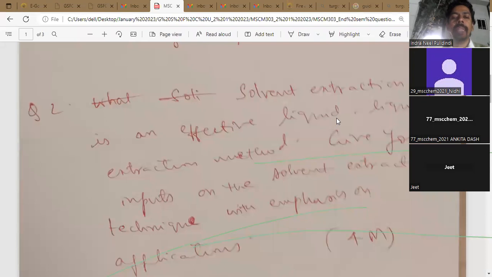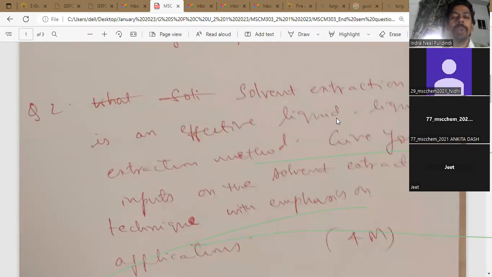Solvent extraction is an effective liquid extraction method. I repeat, solvent extraction is an effective liquid extraction method. Full stop.